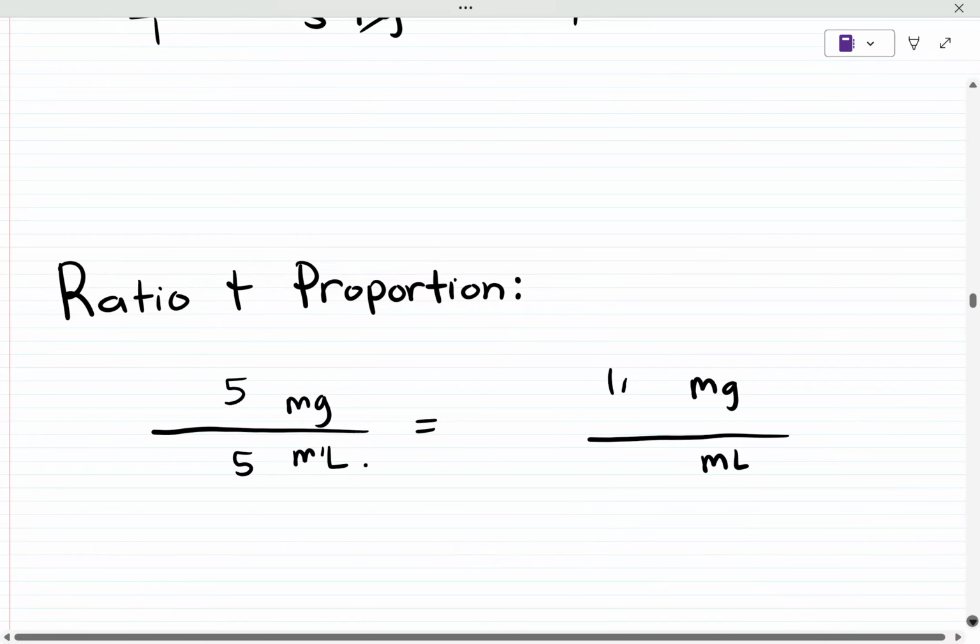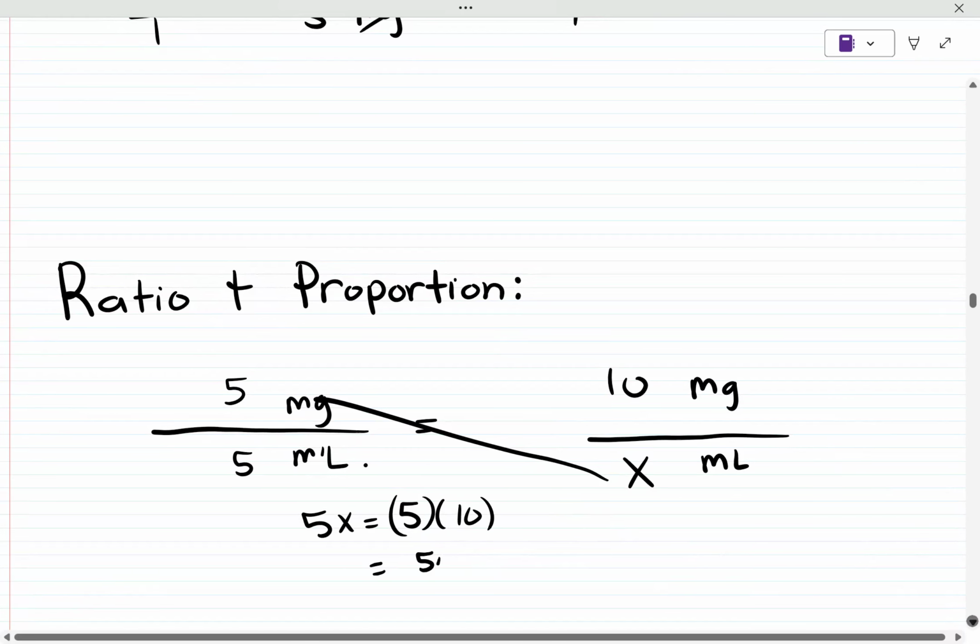We started with 10 milligrams, and our unknown was how many milliliters. So cross multiply: 5x equals 5 times 10. 5 times 10 is 50, divide by 5, and you get x equals 10 milliliters.